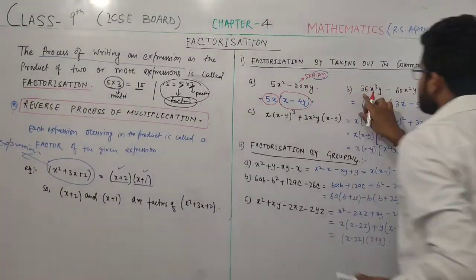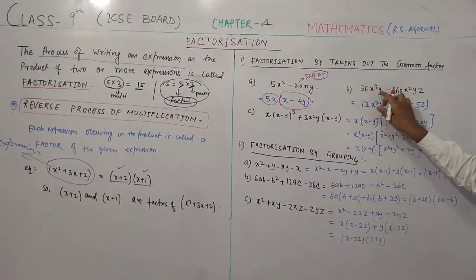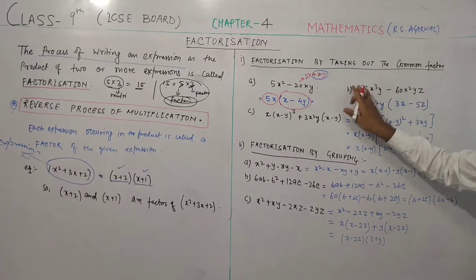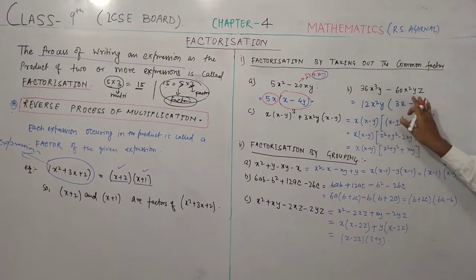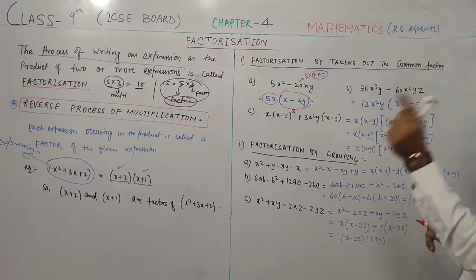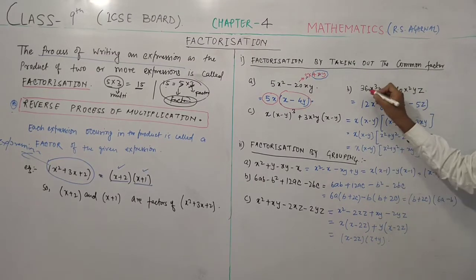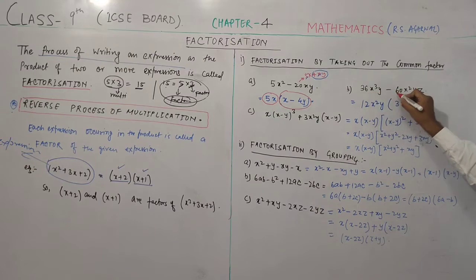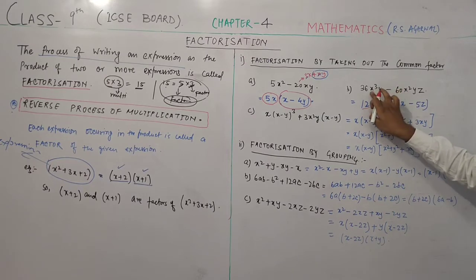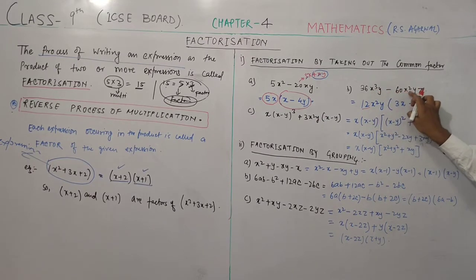Now the other one: 36x cube y minus 60x square yz. What is the common factor here? Maximum common factor, not least common, maximum common factor. Here this is 36 and here this is 60, so I take 12 as common. Here it is x cube y and here x square yz, so the maximum I can take common is x square y.